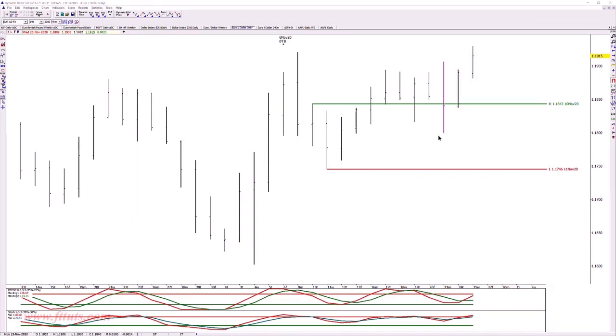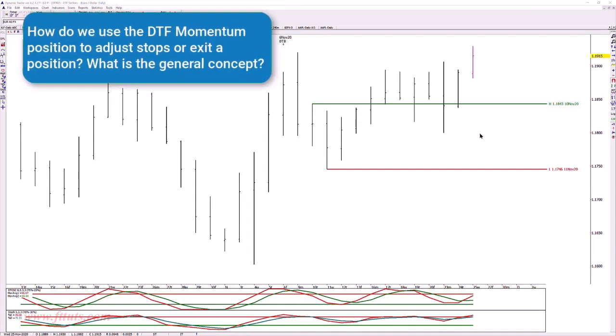So before I continue, I'm going to ask you to pause this for just a minute or two and think about what would the general concept be here on how we would adjust stops if the market continued to advance in the anticipated direction.